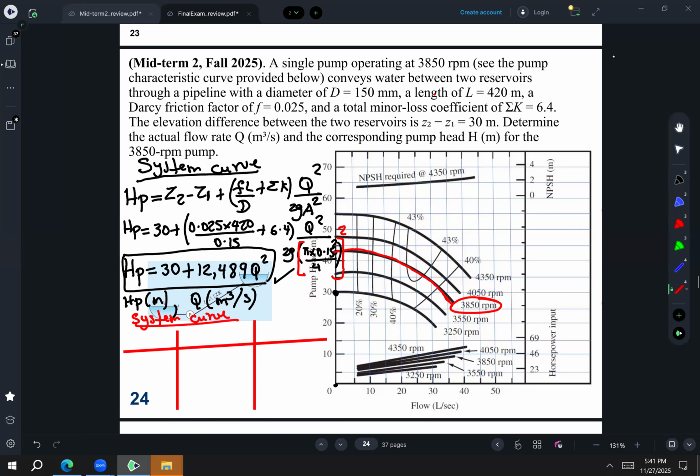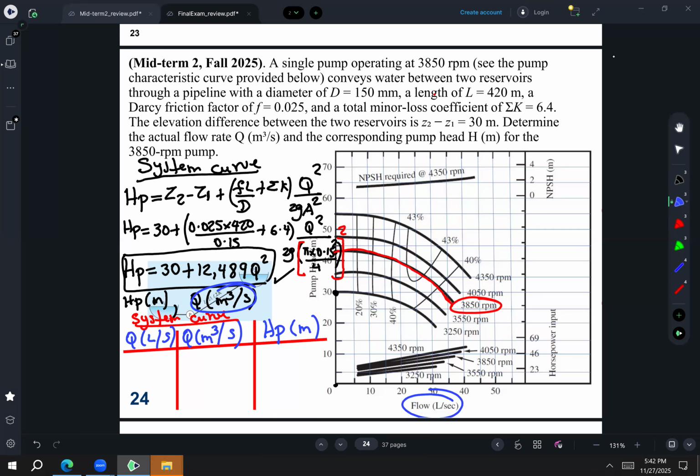On the pump curve the flow is in liters per second, so I'm going to put here flow in liters per second. In the system curve, the flow is in cubic meters per second, so I need to make the conversion. The Hp in the pump curve is in meters, and in the system curve also in meters, so I need only one Hp in meters.